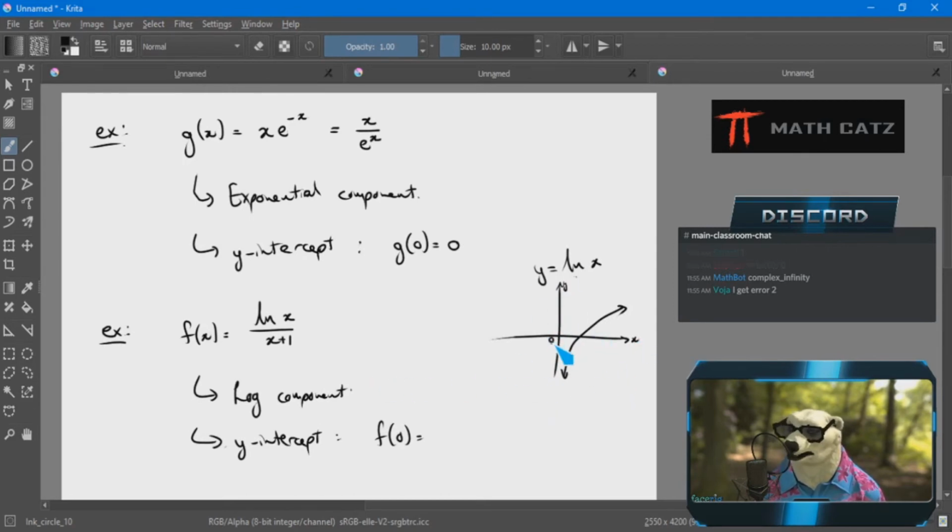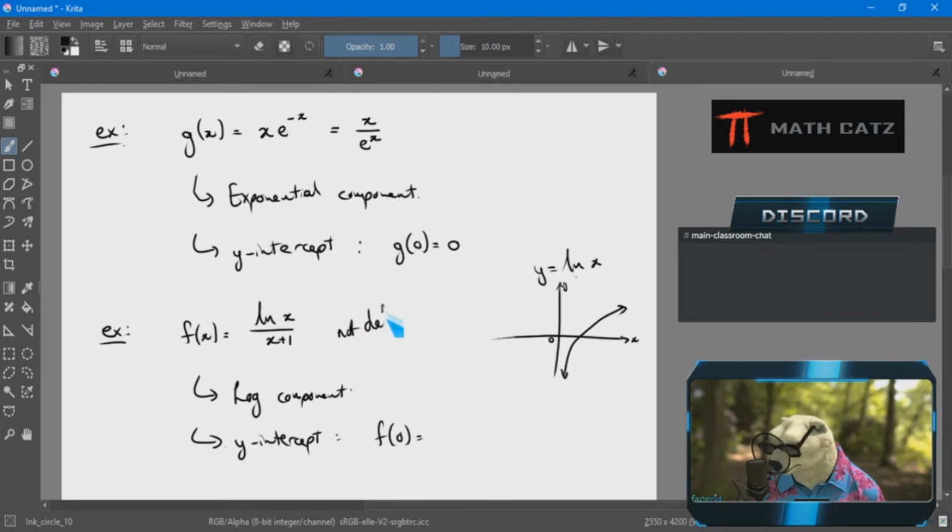It's not defined at 0. So it was sort of a double whammy originally. I was dividing by 0, giving me that error. But also the presence of the log component is going to eliminate all 0 and negative x values. I just can't plug them in anymore.